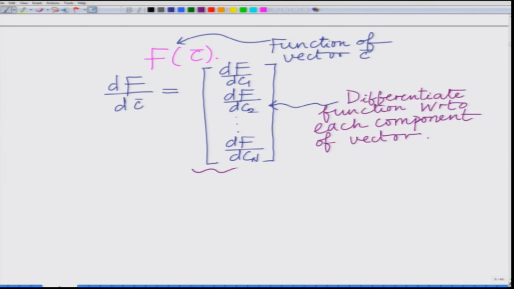So, the vector derivative is going to be an n dimensional vector, containing the different components df by dc1, df by dc2, and so on up to df by dcn. So, we are going to consider the vector derivative, which is an n dimensional vector.